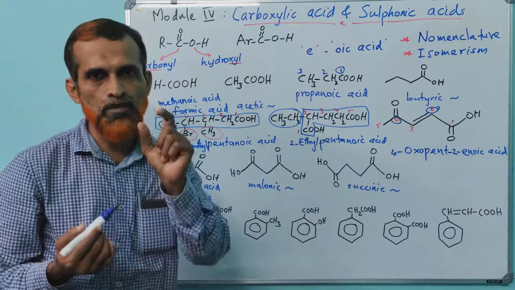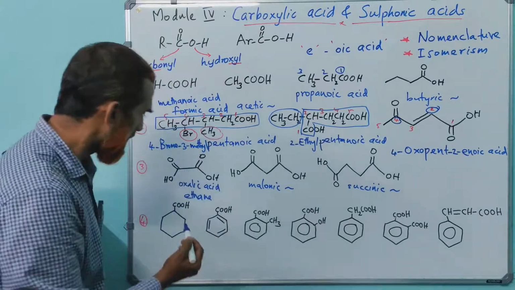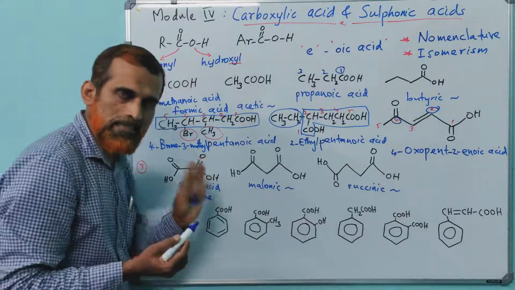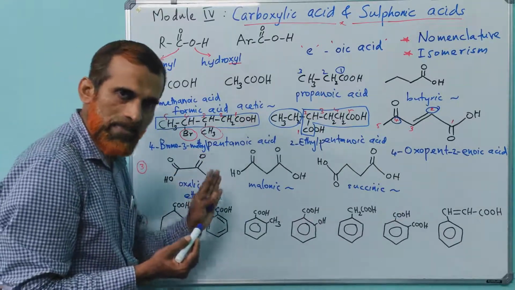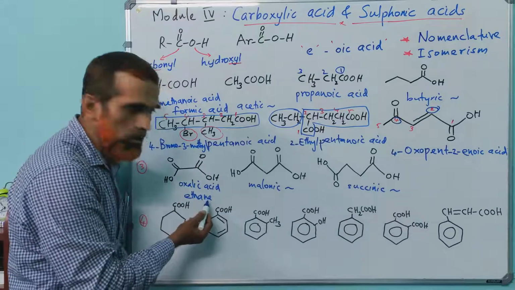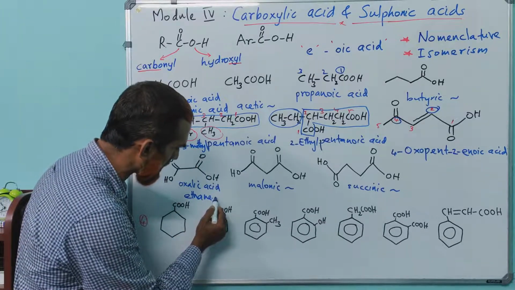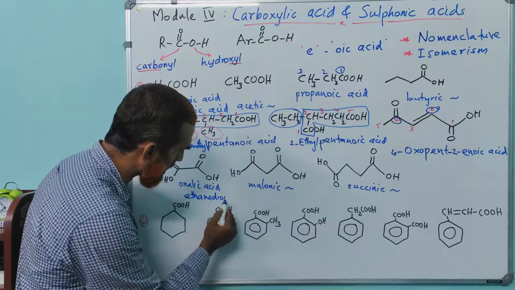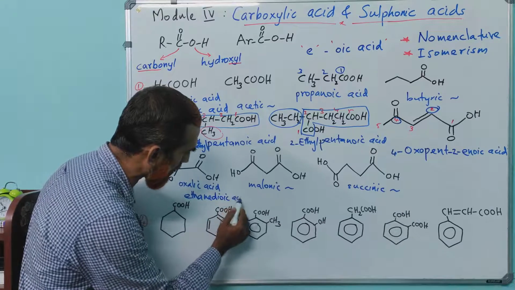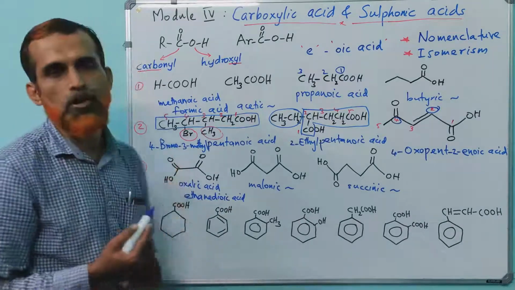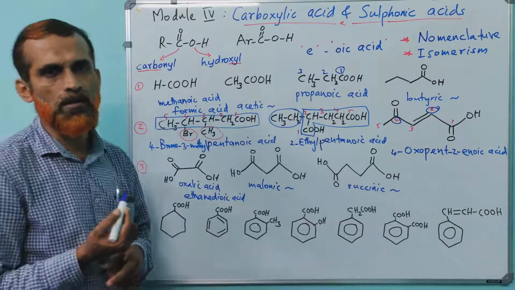You have to use the numerical prefix di, and one difference here is that when such di or tri comes, you should not drop this E. So it is ethanedioic acid. Okay, ethanedioic acid. If you keep the position strictly, it is ethane-1,2-dioic acid, but that is not necessary.